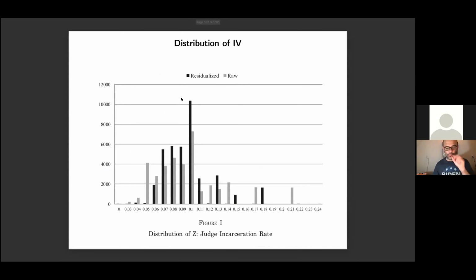So here's the picture that you typically show. Now they've got a residualized and a raw. What's the difference here? The raw would just be the average without adjusting for Ben being a male, Jill being a female, some committing a crime on a Monday, some on the weekend, etc. So that's just the raw.